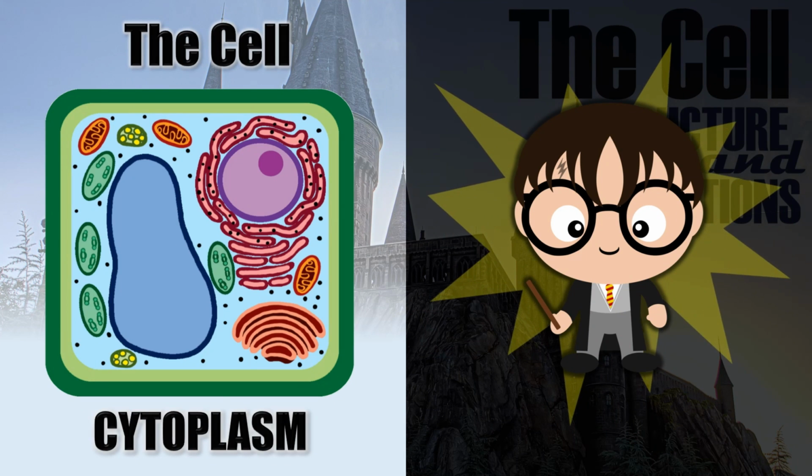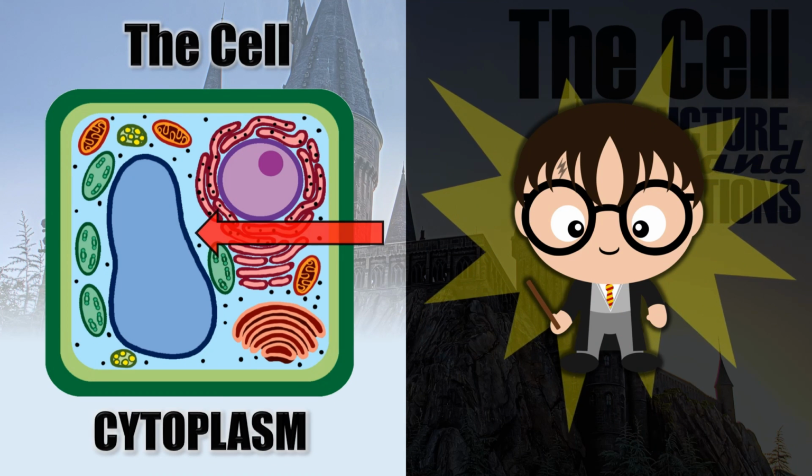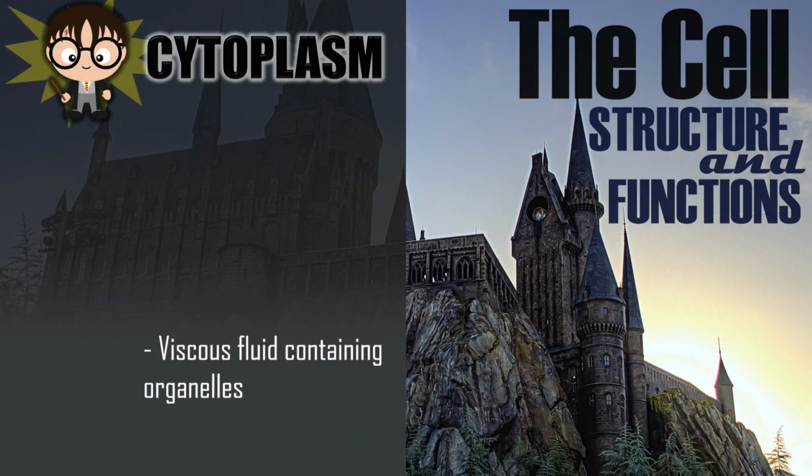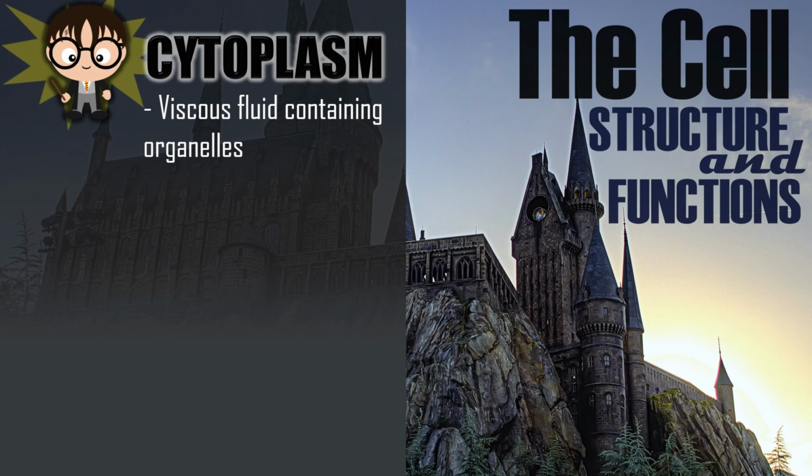The second organelle is the cytoplasm. The cytoplasm can be found anywhere around the cell. Cytoplasm is a viscous fluid-containing organelle. When we talk about viscous, it means that it could flow freely. The cytoplasm contains the semi-fluid substance called the cytosol.